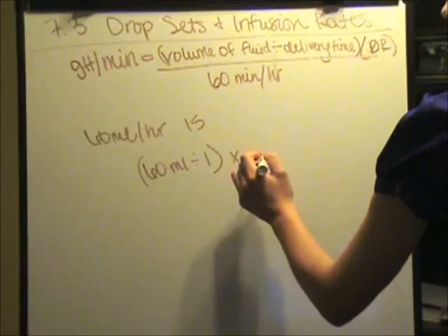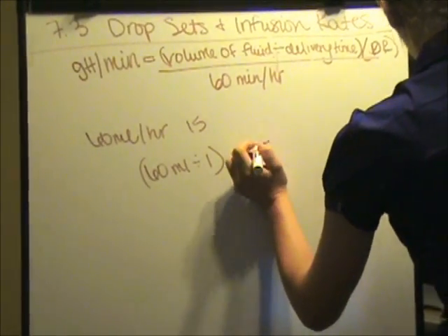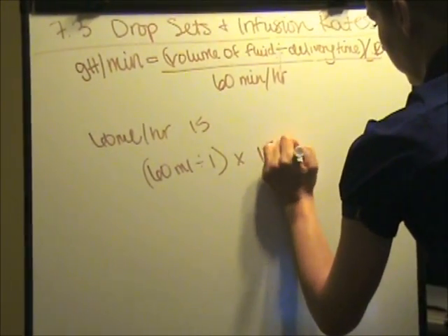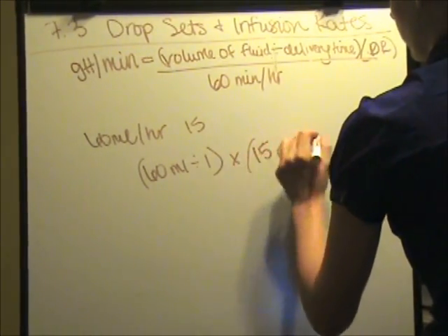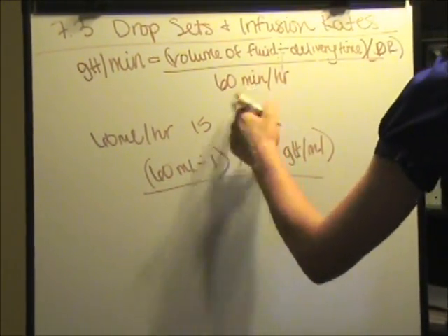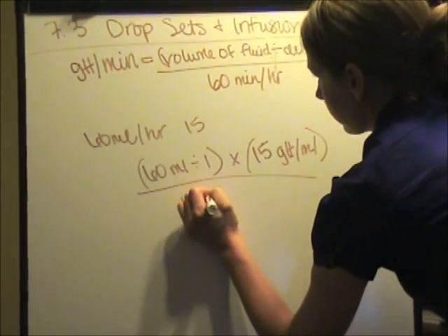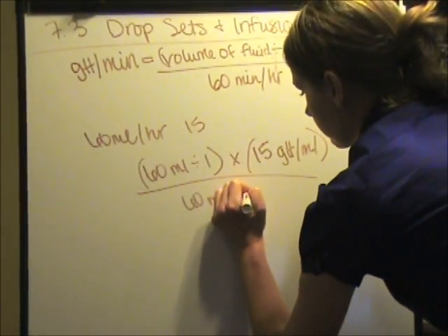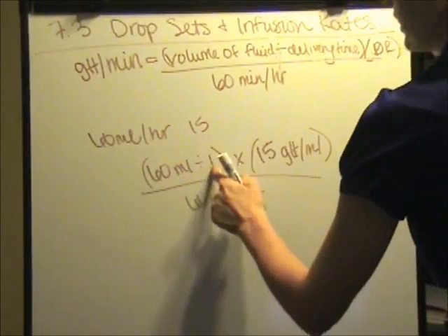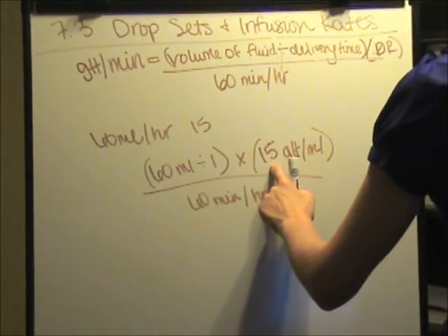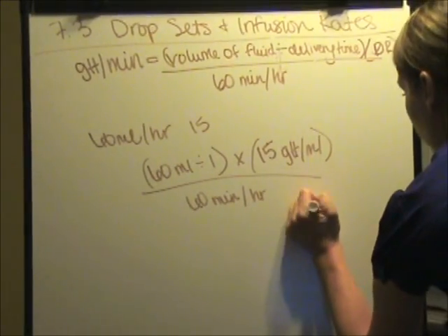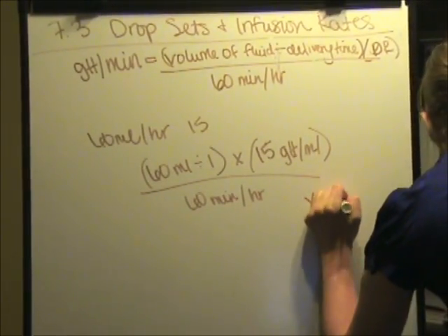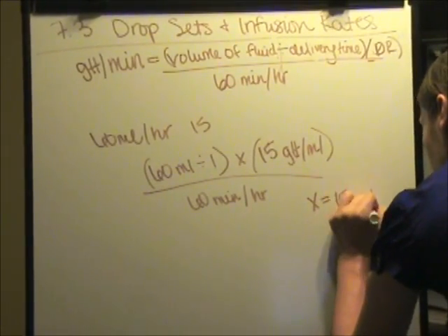We know the drop rate is 15 drops per ml. And we're going to divide that by 60 minutes in an hour. 60 divided by 1 is 60 times 15. And we're going to divide that by 60. And that's going to give us 15 drops a minute.